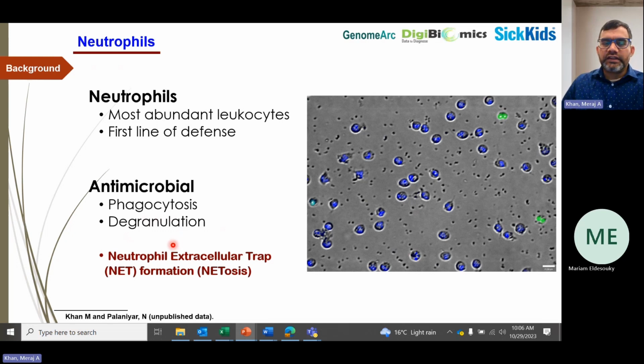But in 2004, a German scientist, Arturo, and his big group discovered something else. That led to the discovery of neutrophil extracellular traps, or NETs, and the whole process is called NETosis, the formation of nets. Let's say a situation where pathogens number in the millions.